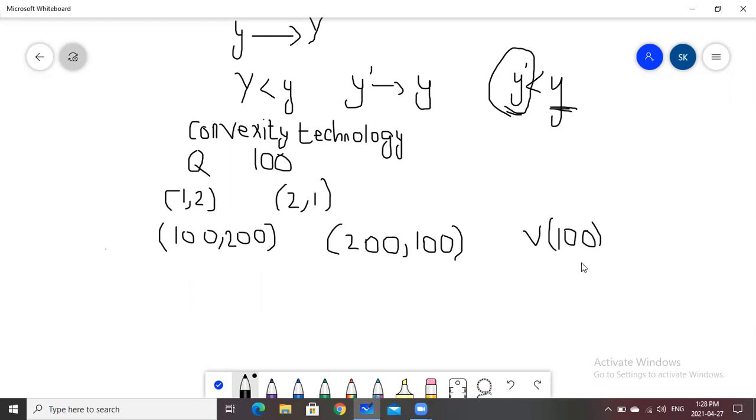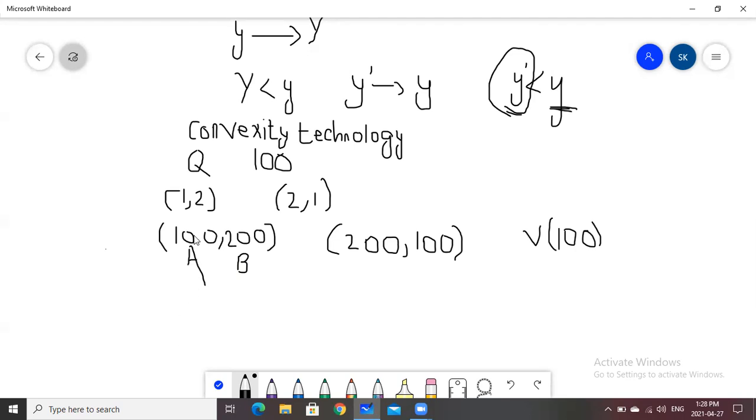Suppose we operate 50 processes of activity A and 50 processes of activity B. Then we will use 150 units of good 1 and 150 units of good 2 to produce 100 units of output.